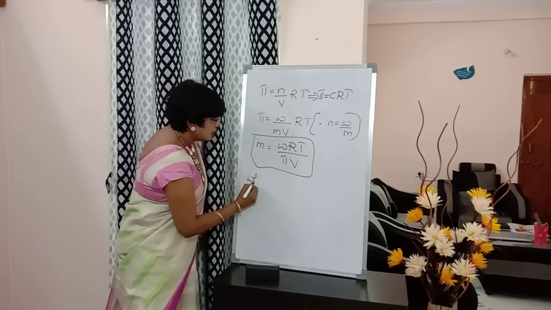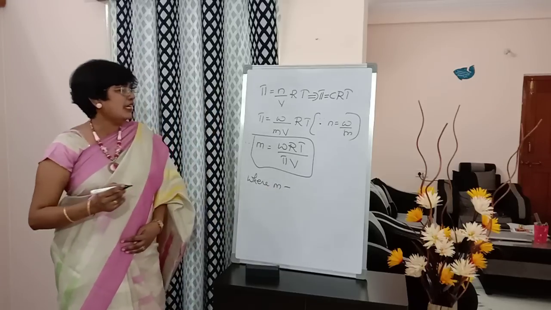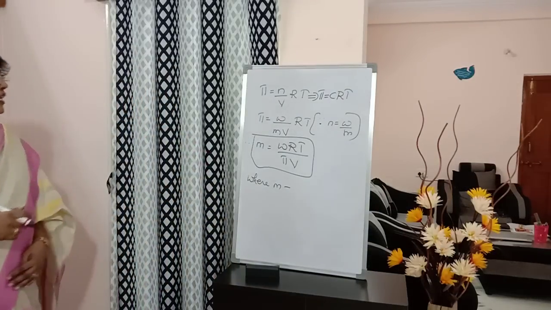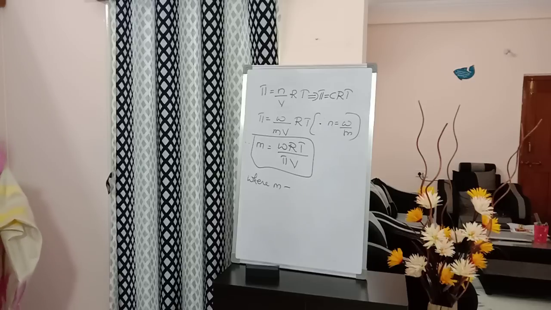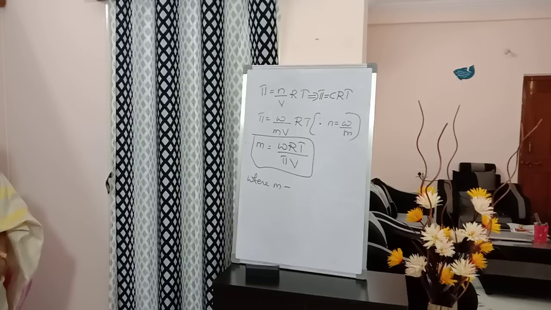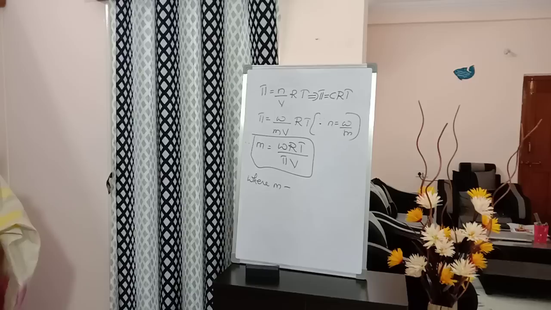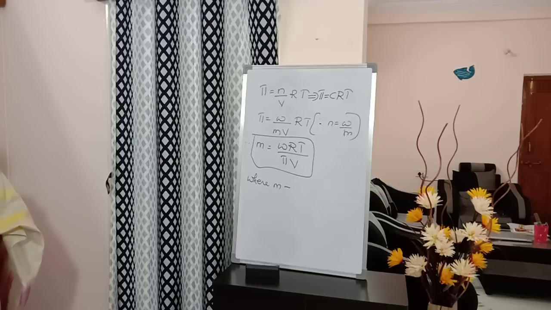So write down here, students, below, where M is molecular weight of a non-volatile solute, small w, weight of the solute, capital R, gas constant, capital T, absolute temperature, pi, osmotic pressure in atmospheres, capital V, volume of the solution in liters.